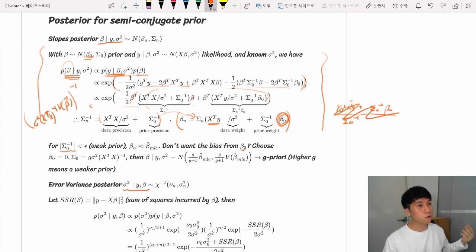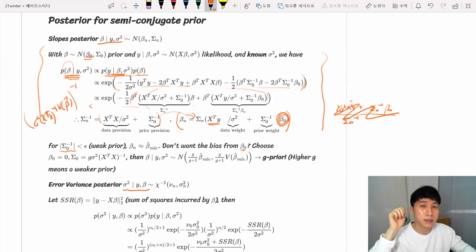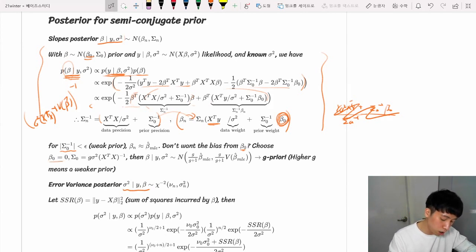But if you have no prior knowledge or prior belief on the relationship between y and x, then it would be sensible to say that your prior belief on these slopes is that they are all zero. So we can set beta zero to be the zero vector, and we can set sigma zero to be proportional to the data variance, the variance of the MLE, with some scale factor g.